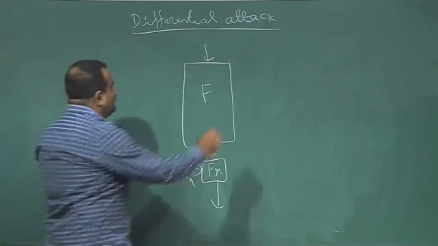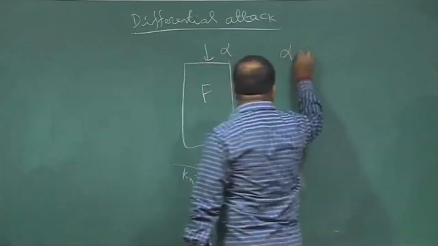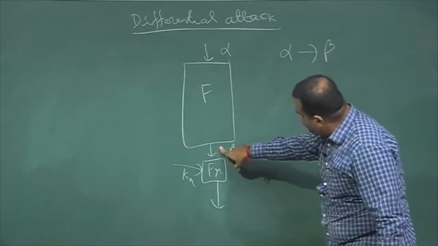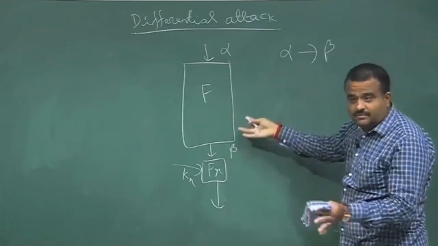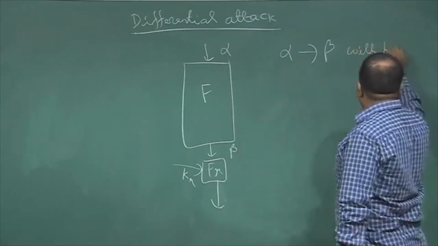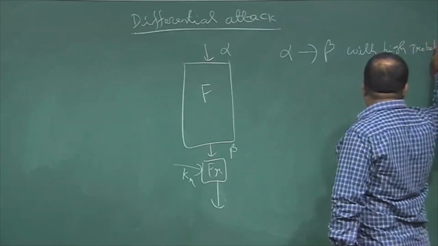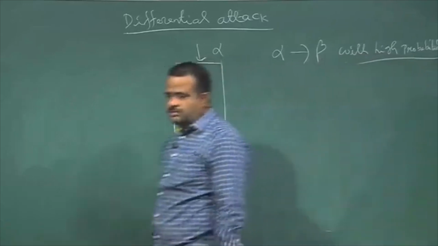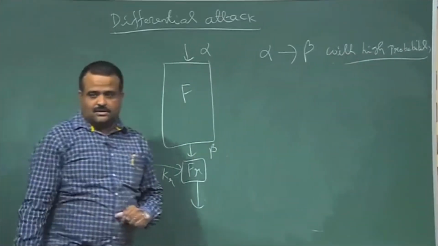And we know that an alpha beta pair exists. If the input difference is alpha, then the output difference of f will be beta with high or significant probability. This exists, otherwise we cannot have this attack. So this is a probabilistic attack, otherwise no, sorry boss, this cipher is secure under differential cryptanalysis.